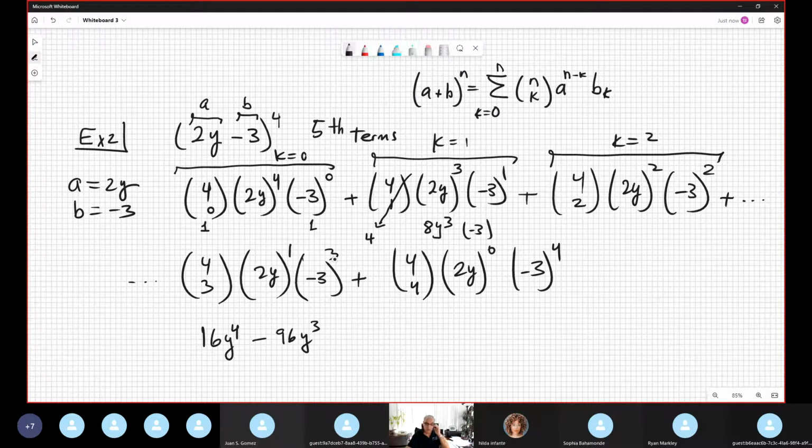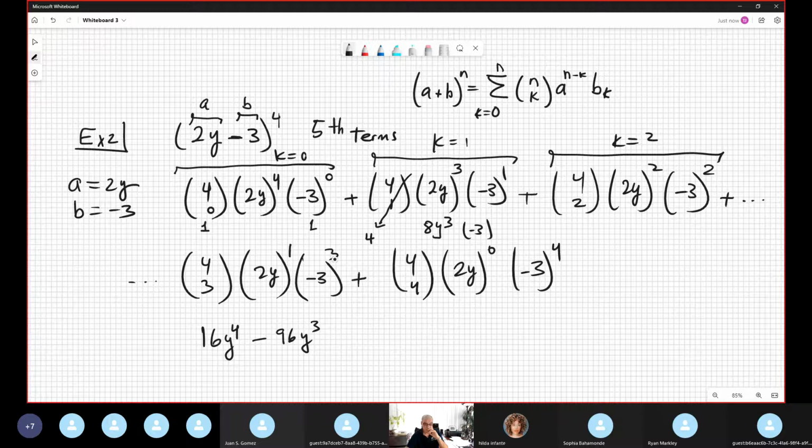And it is important to understand that when it's minus inside the binomial, the sign is alternating: positive, negative, positive, negative. If the exponent of negative 3 is an even number, like 0, 2, 4, the answer is positive. If the exponent is an odd number, like 1, 3, then it is negative.